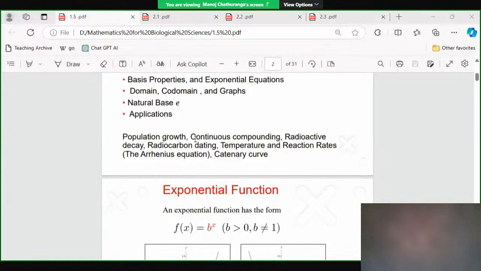Then something called continuous compounding. This is one of the early motivations for exponential functions. So imagine a bank account. In the bank, they can compute the interest for your bank account at the end of every month. So they compute the interest and add it to your account, add it to your basic principal value.